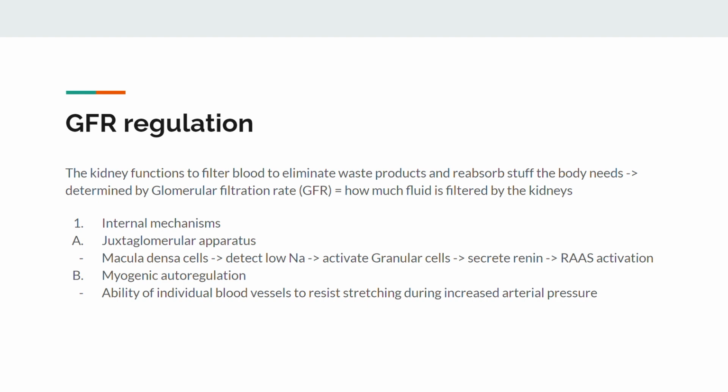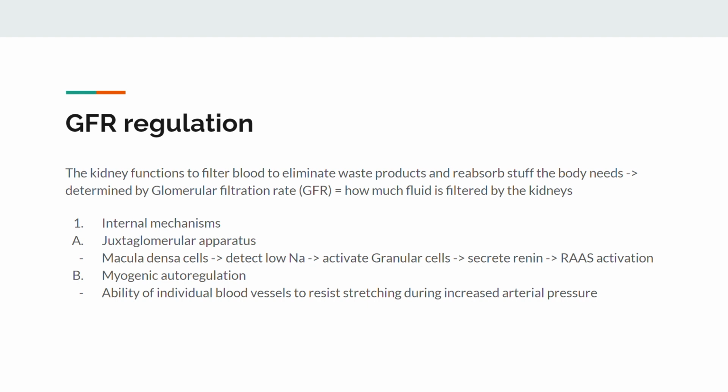So the macula densa cells of the juxtaglomerular apparatus detect low sodium, right? So they're detecting a low amount of sodium passing through the filtrate. Because you can imagine, if the GFR is reduced, there's going to be low sodium because not a lot of blood is being filtered through the kidney.